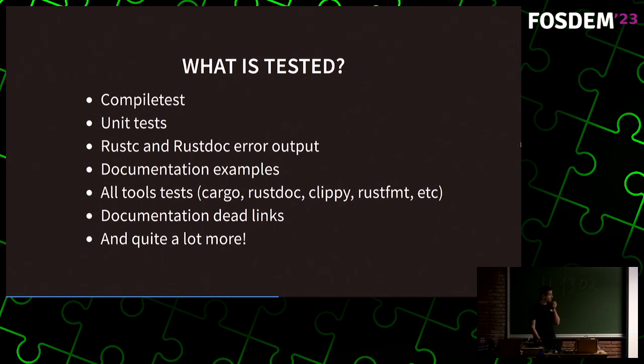We have all the unit tests. Unit tests are mostly for the tools, but we have a few test suites, like I mentioned, just below the error output. It's quite important, so we ensure that the rustdoc and the rustc errors are looking exactly as you might expect.